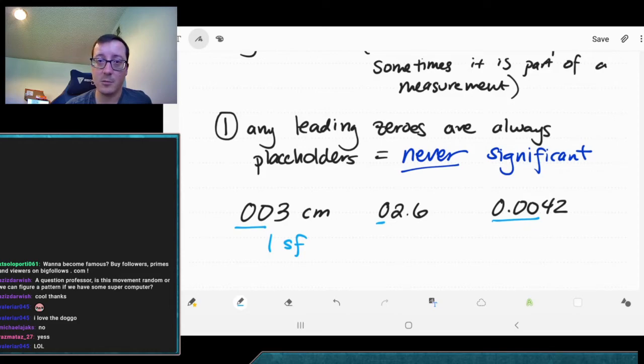So there's no point in having those there, besides being placeholders. We're going to see that this number here would have 2 sig figs, as will this one. Since these are just non-zeros, we're not going to count the zeros as significant there. Okay, so they're there for placeholder purposes. They're never going to be significant. All right?